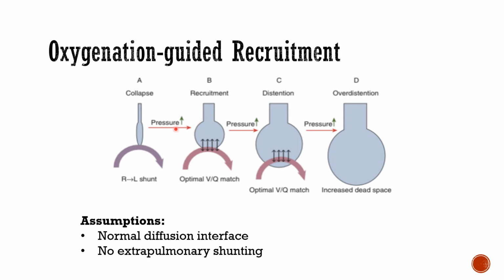As we increase the pressure applied and we achieve recruitment of alveoli, there is an optimal ventilation perfusion matching with subsequent distension during inflation. However, further increase in the pressures applied leads to over-distension and compression of the pulmonary alveolar vasculature, resulting actually in increased dead space.